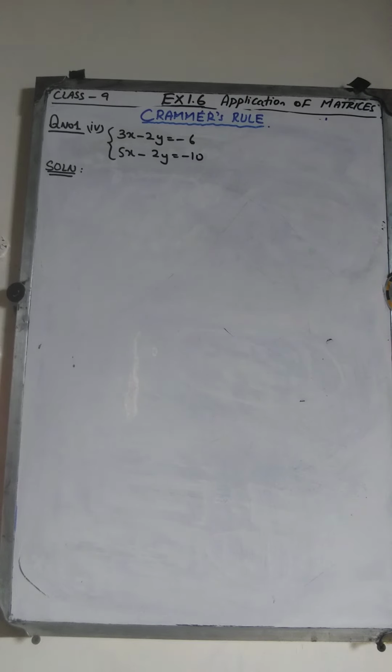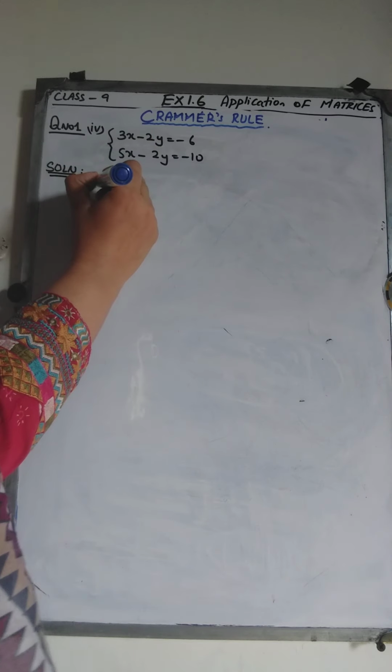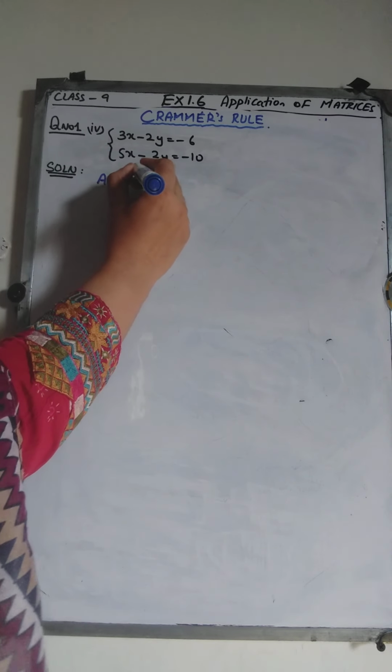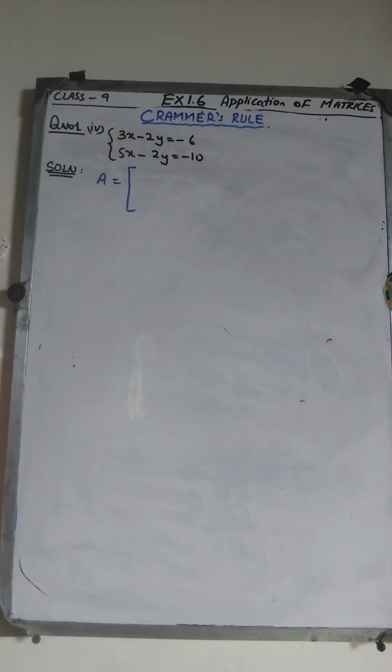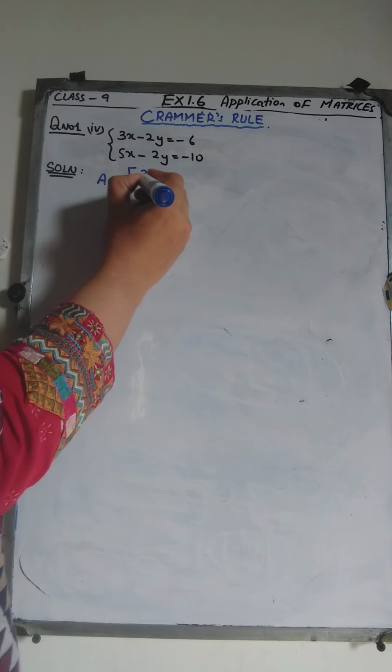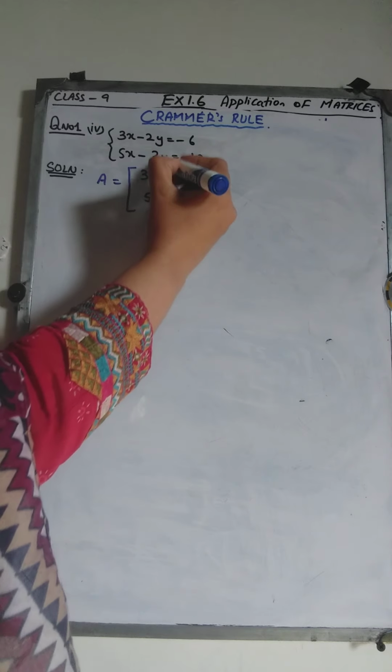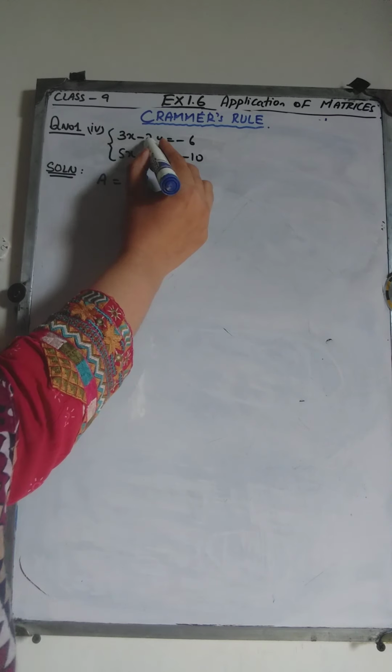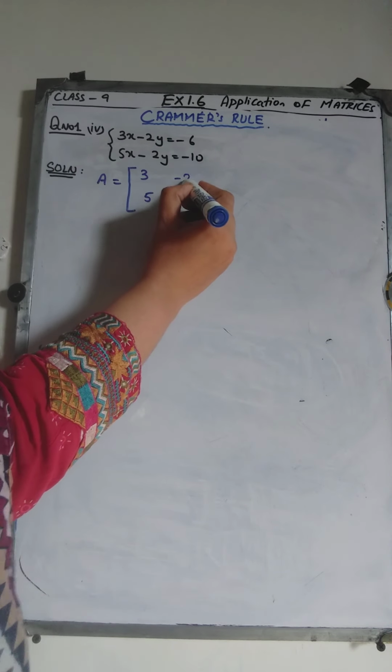The first matrix will be the matrix of coefficients. Just as we did in the previous method, you write the coefficients of x in the first column and the coefficients of y in the second column, -2 and -2.